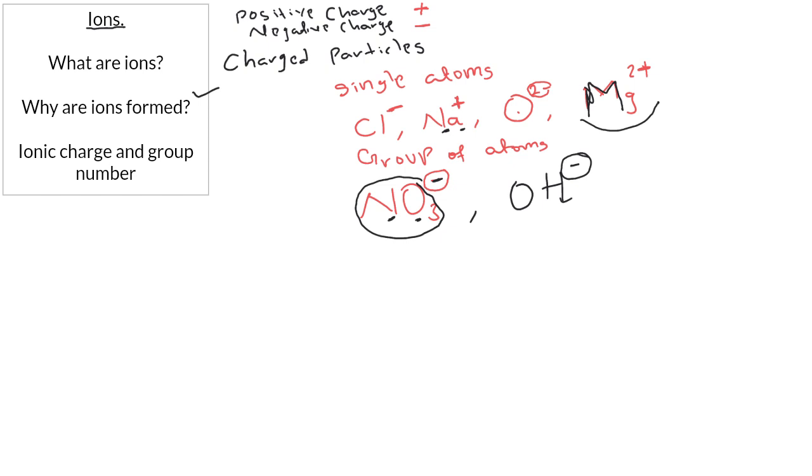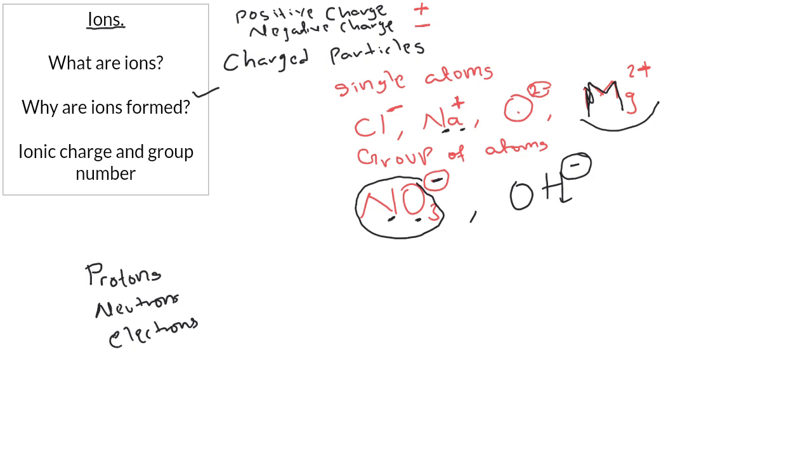Remember that in the structure of an atom, we fundamentally have three basic subatomic particles: protons, neutrons, and electrons.